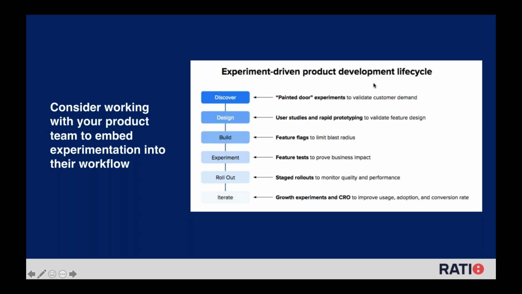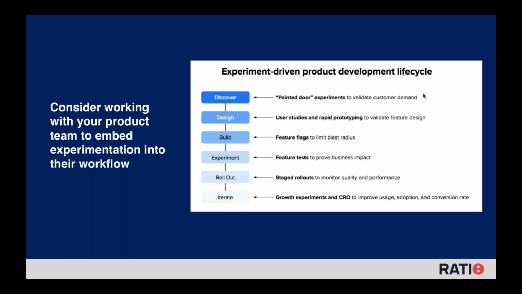So just a couple of examples to highlight would be that oftentimes the product team themselves will have a hypothesis as to an improvement, a new feature that could be made that would improve the customer experience, that would increase utilization of your website, whatever metric you're looking at. And one way you can support them, for example, is by doing a painted door experiment.